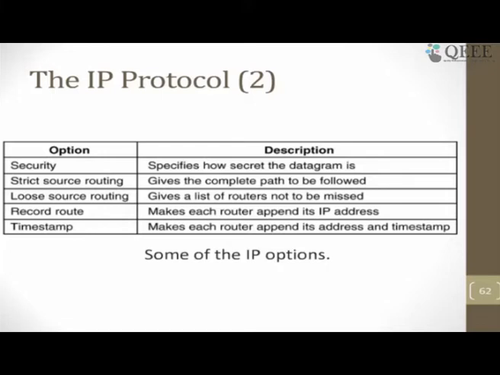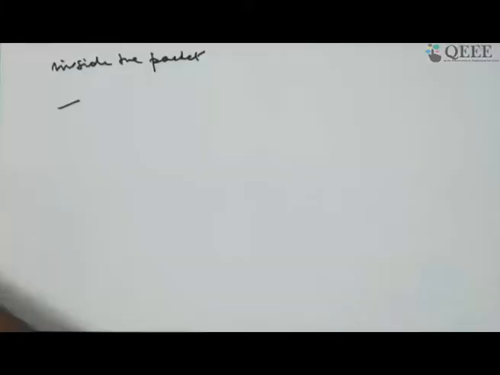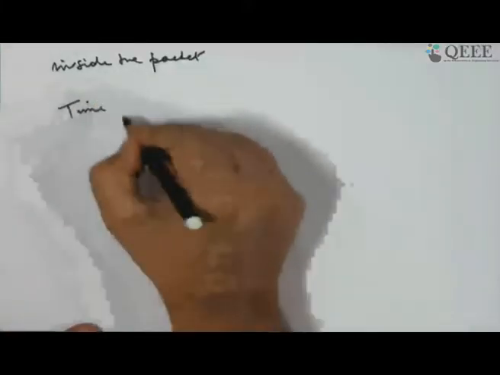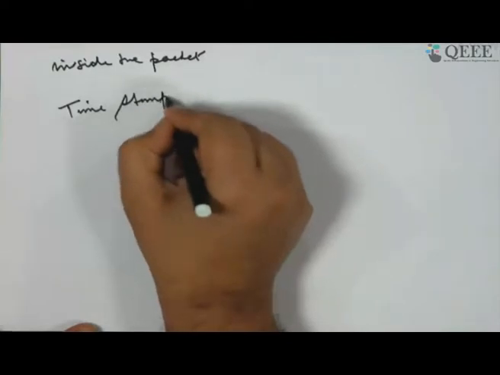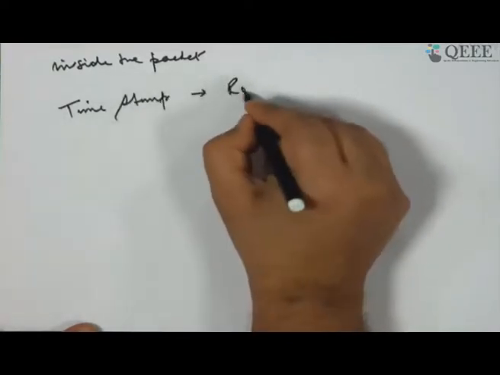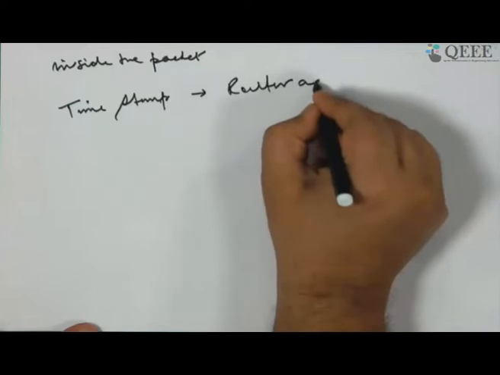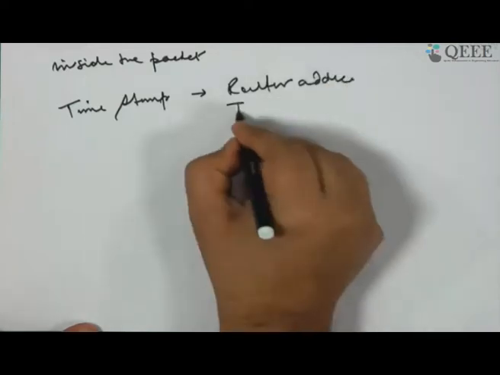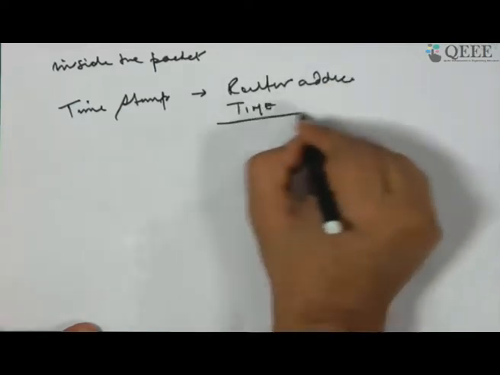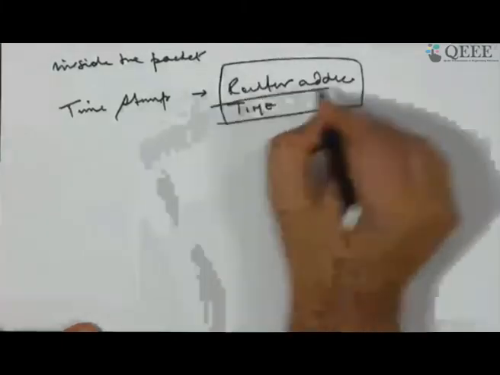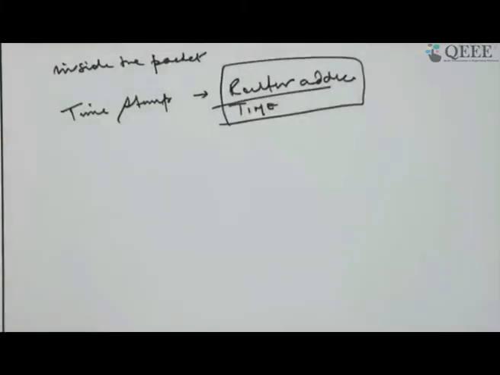Good. And timestamp is even better, where you not only put the router's address, but also the time when the address was accessed. So this is how the IP header works.